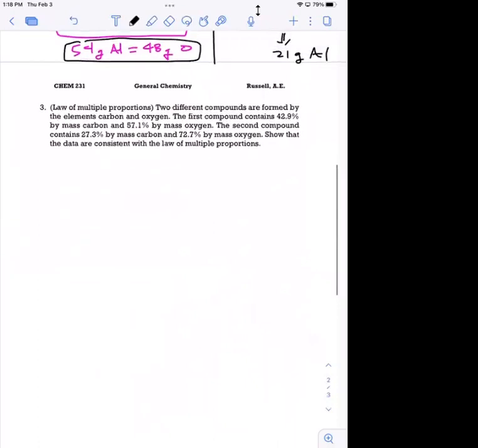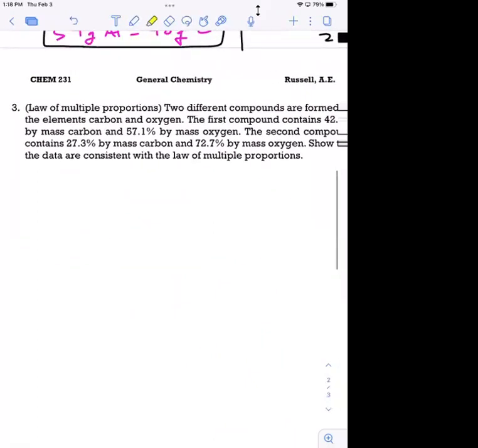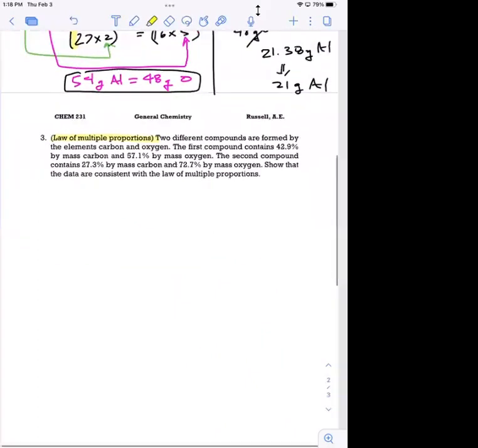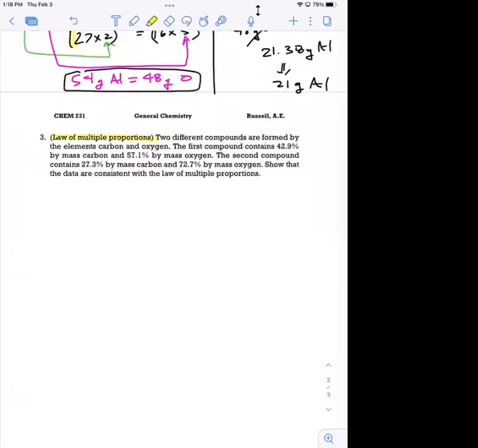All right, so this is a question dealing with the law of multiple proportions. That particular law is number 5 in the chat. Atoms of different elements combine in fixed whole number ratios when forming compounds.